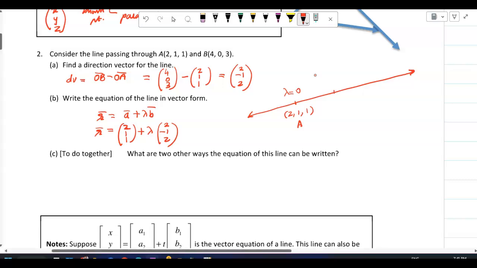You will get (4, 0, 3). It will correspond to some other point on the line.